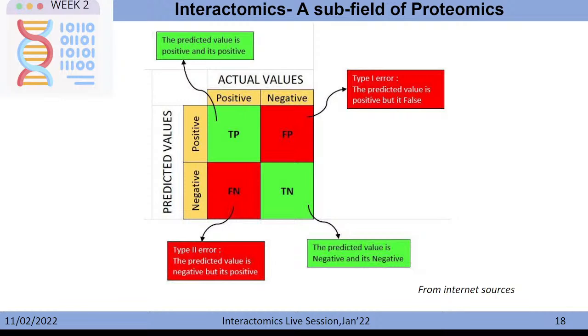So this is your type 1 error. The important thing is to understand the type 1 error and the type 2 error. Type 2 error is when it is actually positive but predicted negative.